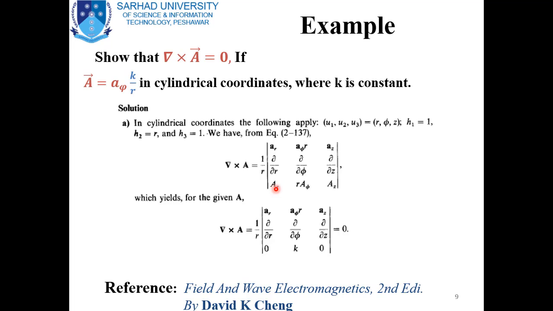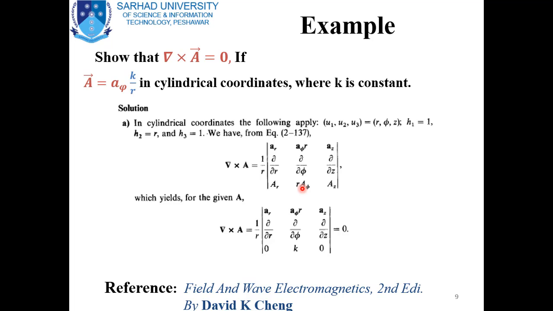So A_r, r A_phi and A_z, as h1 and h3 are equal to 1, so we have only A_z and A_r, and h2 is equal to r, so this will multiply with the second component of the vector A in the cylindrical coordinates.